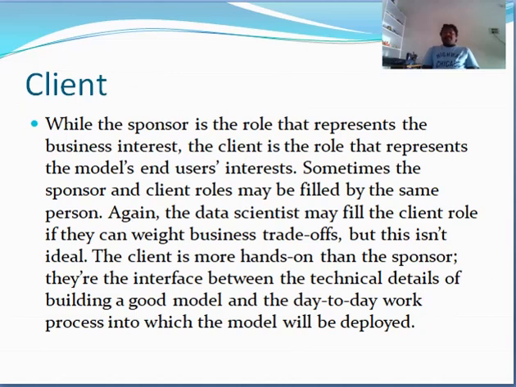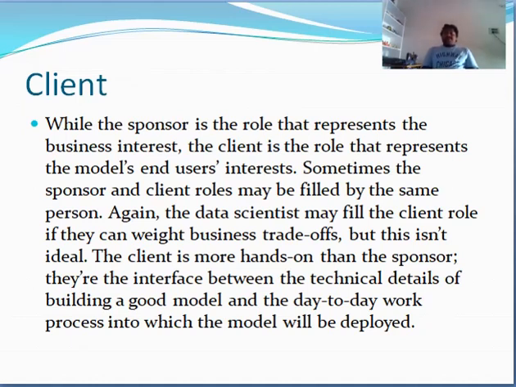While the sponsor is the role that represents the business interest, the client is the role that represents the model's end user's interest.